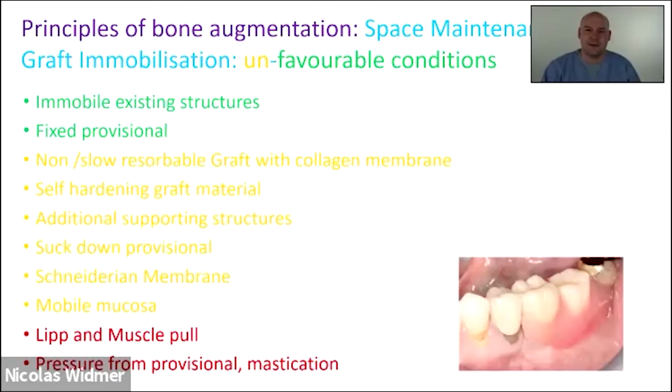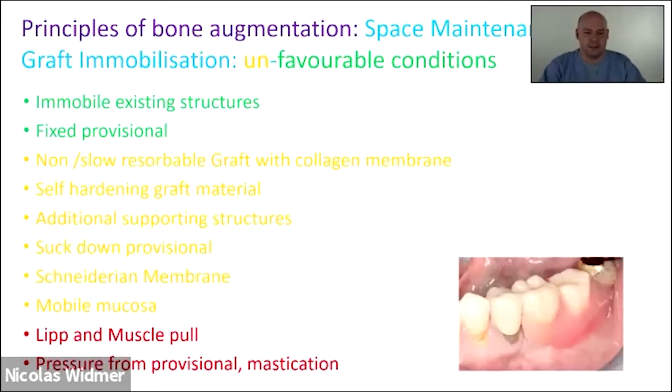Then maybe a non- or slow-resorbable graft with collagen membrane in combination, so the classic hydroxyapatite materials can also maintain the space, but also a self-hardening graft material like EthOss is very helpful. Then we can use additional supporting structures. I will talk shortly about that.